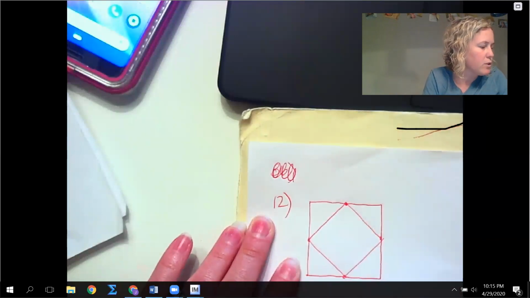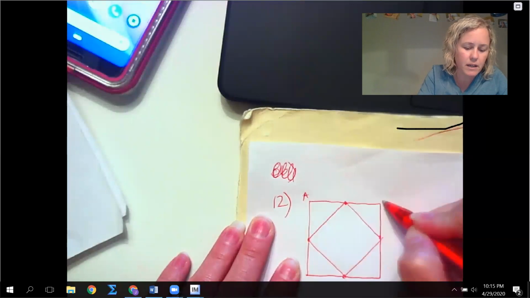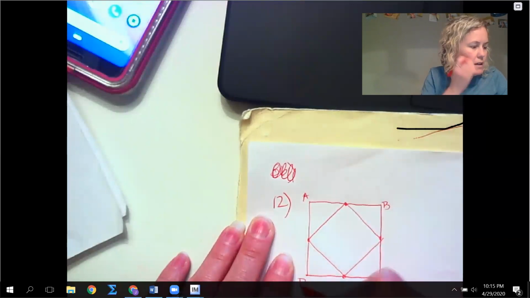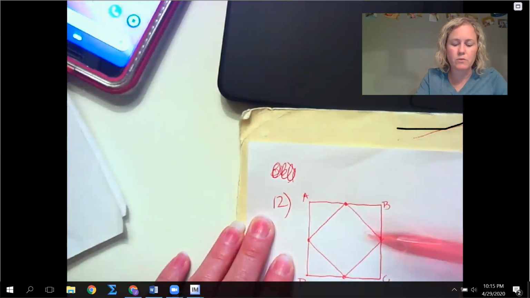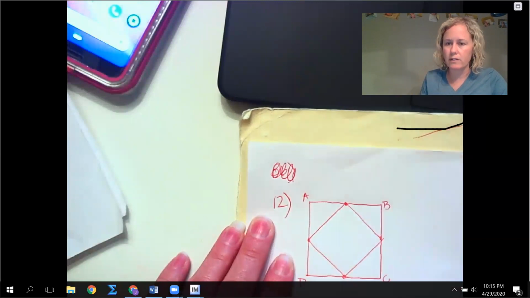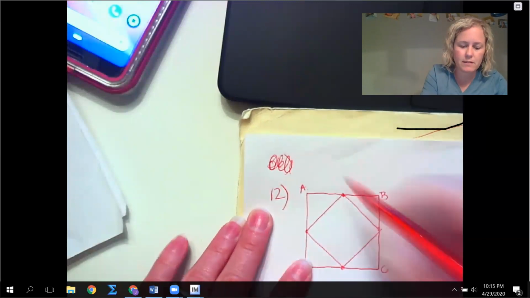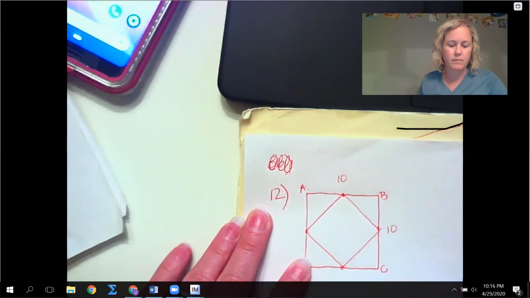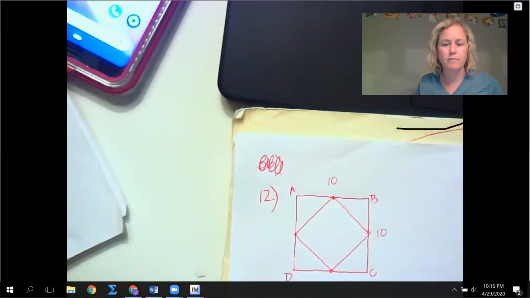We were told that the area of square ABCD is 100. So when we do length times width, we get 100, and it's a square. So that means this side is 10 and this side is 10. Length times width would be 100.